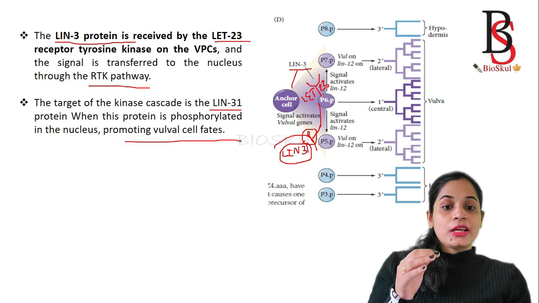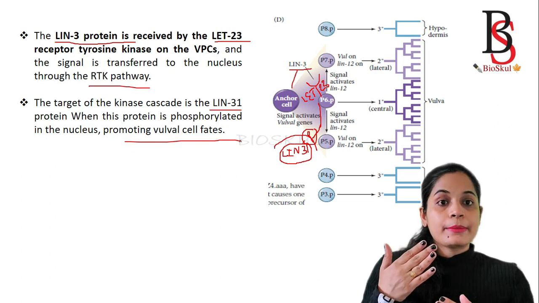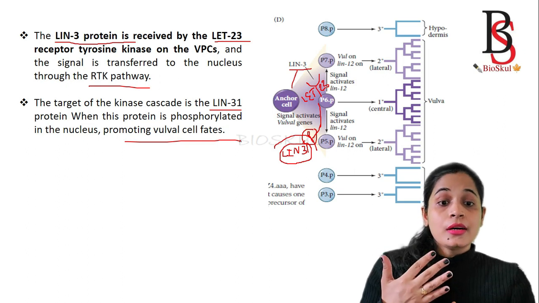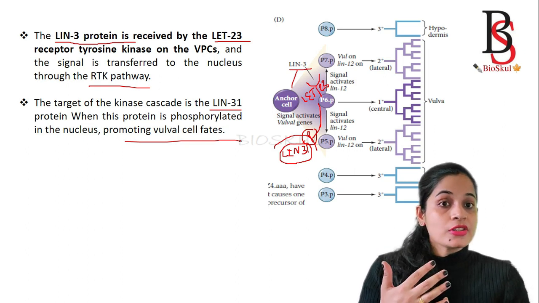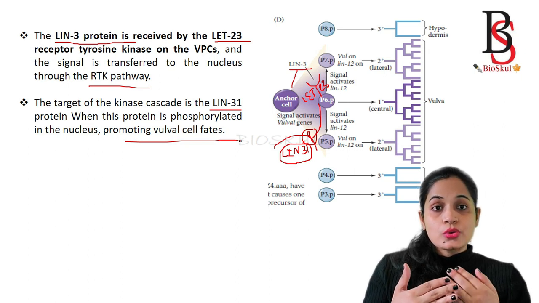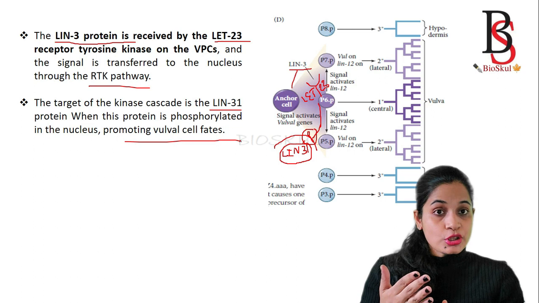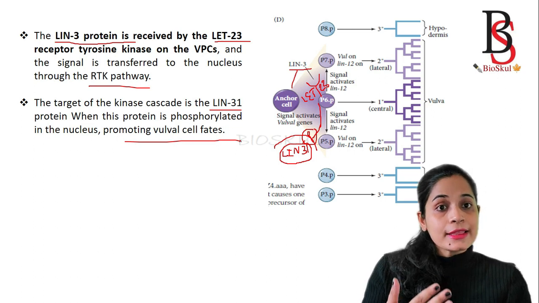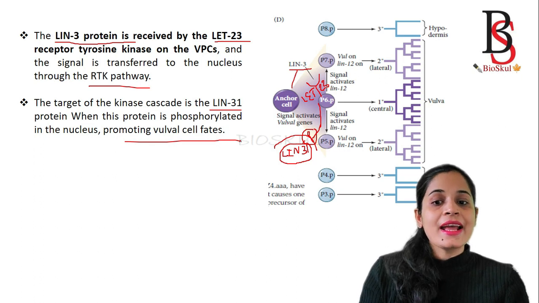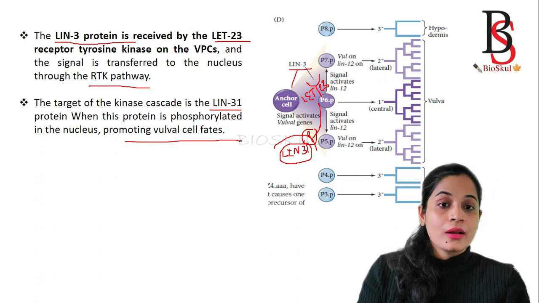So the lin-3 protein, secreted by the anchor cell as the signaling molecule, is received by the receptor present in the vulval precursor cell, which is known as LET-23. Then the signal enters the nucleus through the receptor tyrosine kinase pathway, and in the nucleus the target protein, lin-31, gets phosphorylated, and that promotes the formation of the vulva.